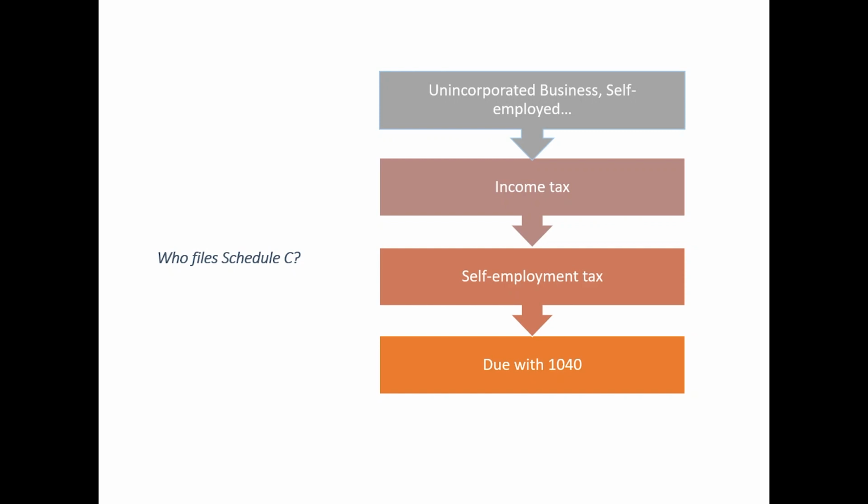Then you prepare Schedule C to report your income and loss. Schedule C income will need to pay income tax and also needs to pay self-employment tax. That is considered your wages, your compensation. Schedule C is due with Form 1040 on April 15 every year.